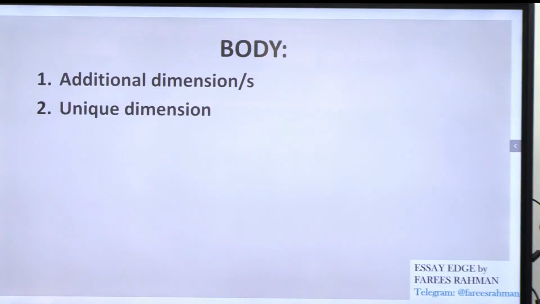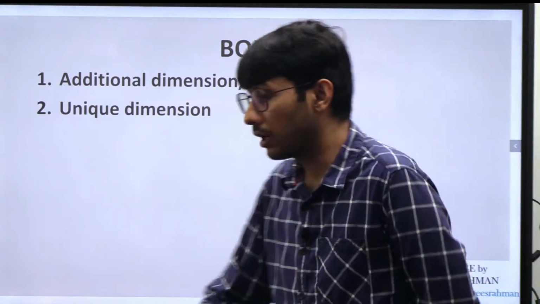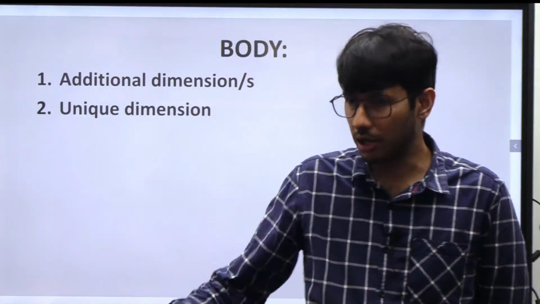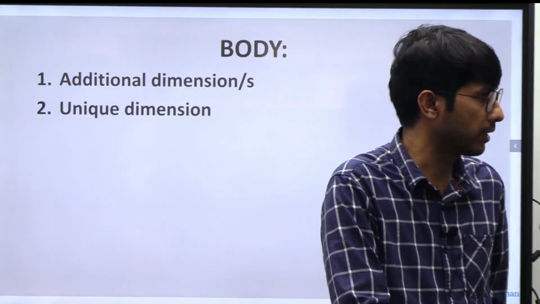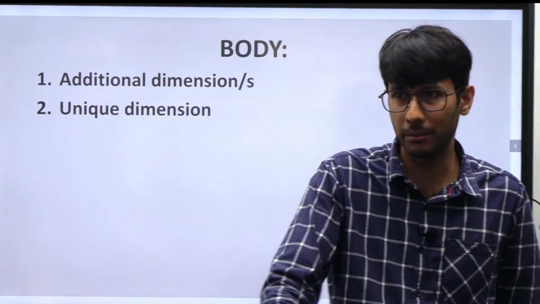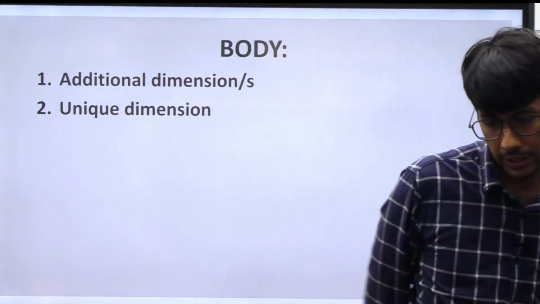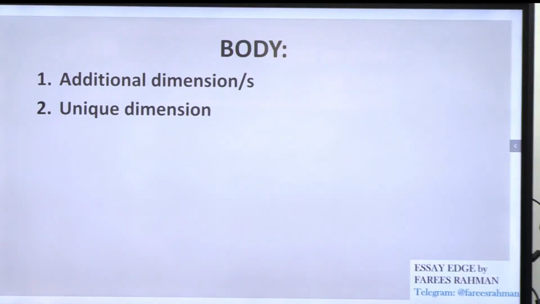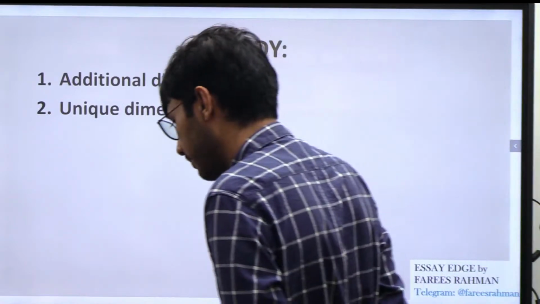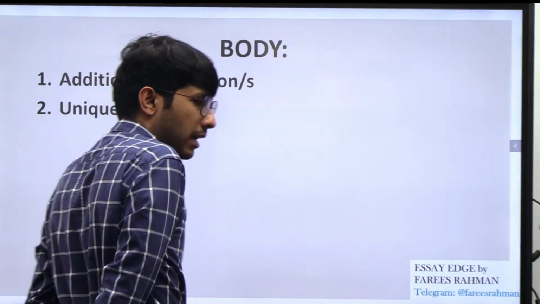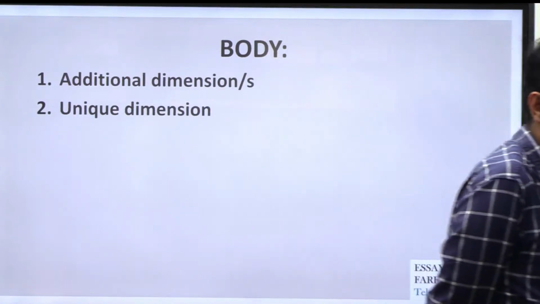I am not using the word unique here because your argument, which can be a normal dimension, can be a unique one. So an additional dimension is something additional, and these things will come in the second half of the essay.